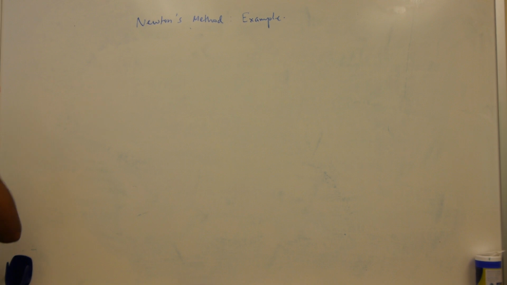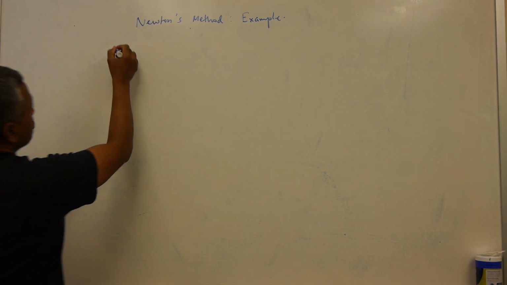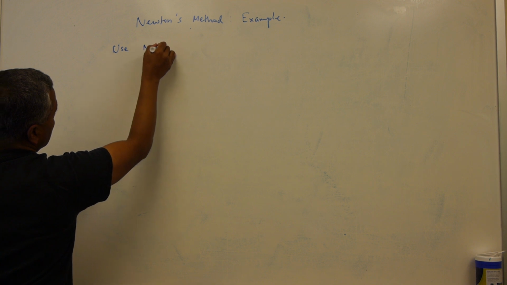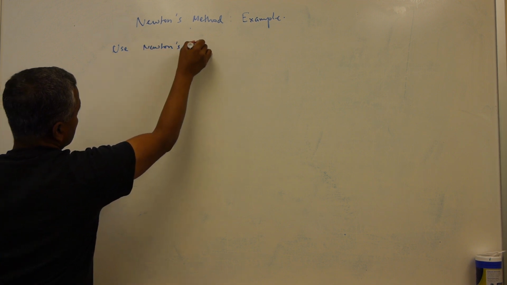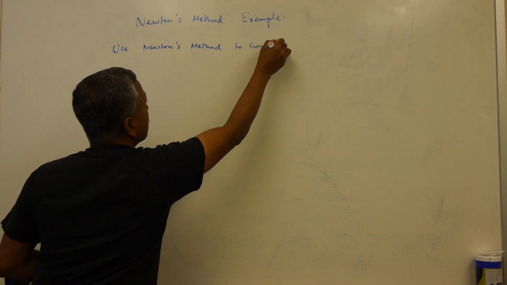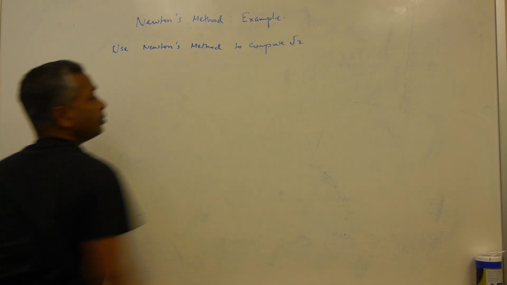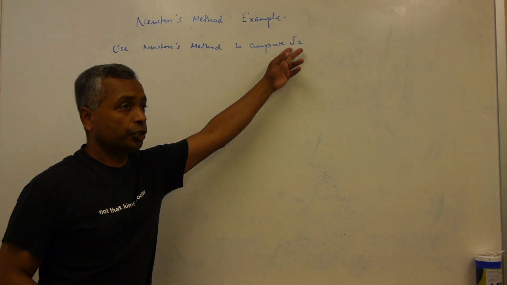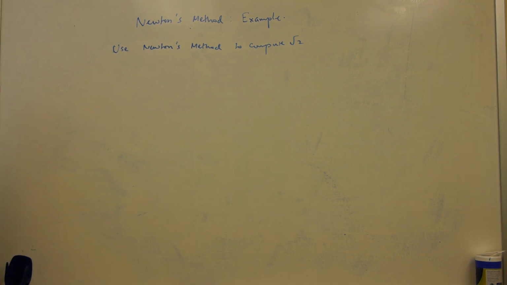So you're required to use Newton's method to compute square root of 2. Okay? So very often computers will use iterative methods to compute square roots. And here's an example of how you do that.